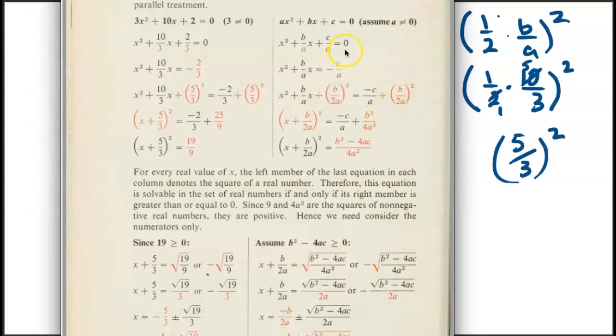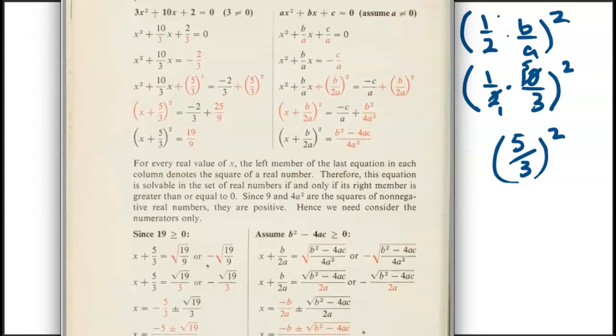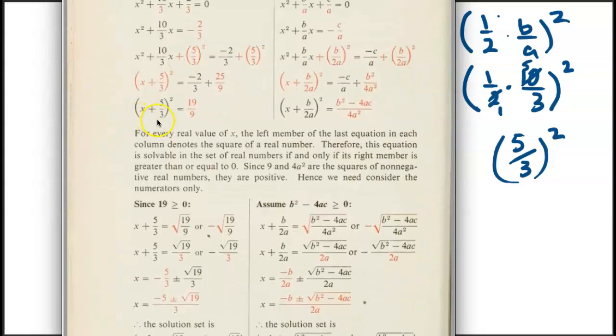So let's read then what we've got here, because we're now at this point where we've got x plus 5/3 squared equals 19/9. We're trying to find out what x equals. So what do they say here? For every real value of x, the left member of the last equation in each column denotes the square of a real number.